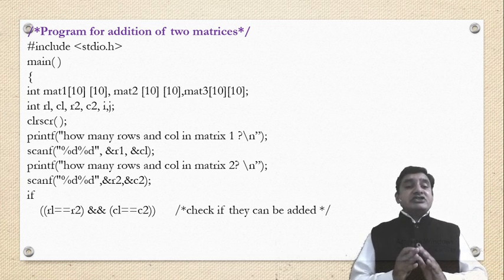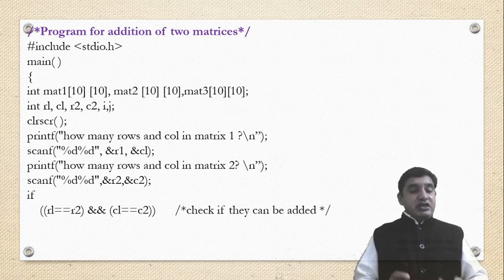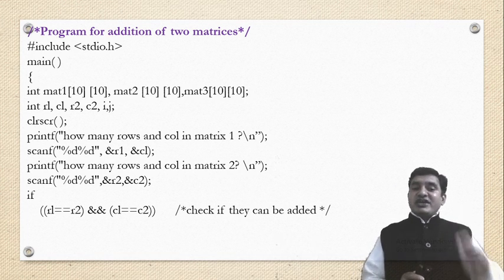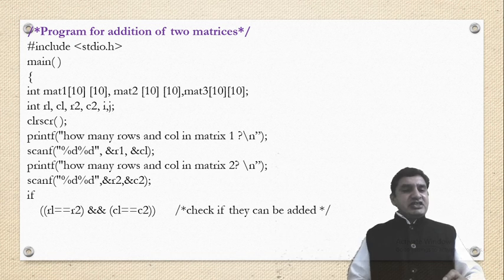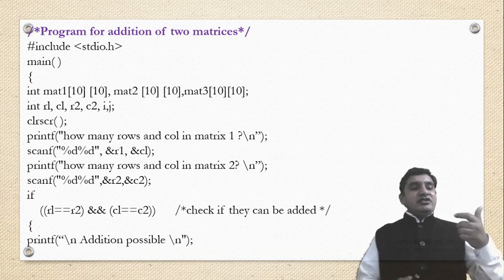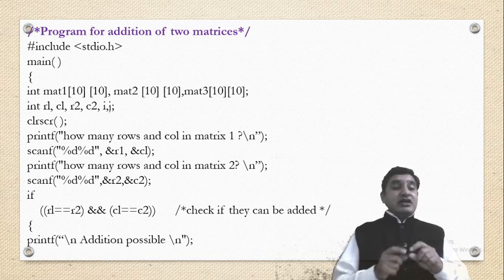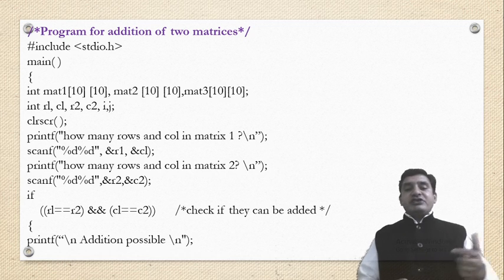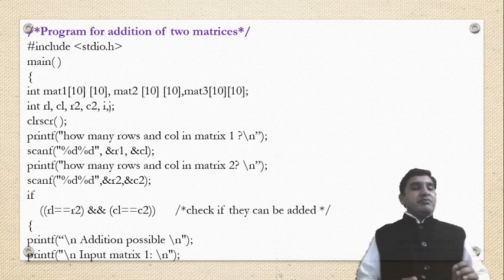Otherwise the addition is not possible. We have to check the condition. If this condition is true, then the addition is possible. This message is displayed on the screen by using the printf function.